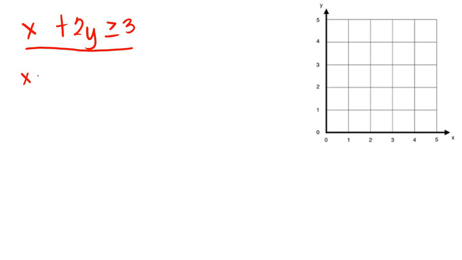So x there will be our 3, and our 2y is equal to 3. We divide this by 2, so we would be able to cancel 2. So 3 divided by 2, that would be y equals 1.5.